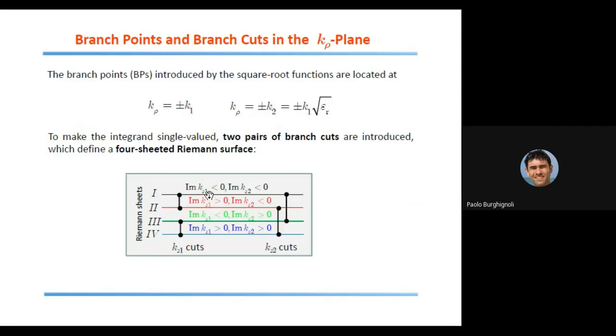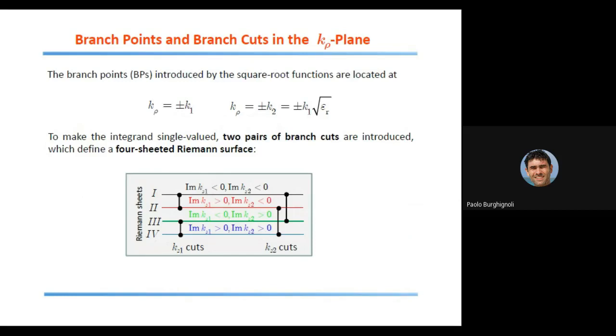Or from sheet 1, you could go down to sheet number 3, the green one, in which instead the imaginary part of wave number kz2 has become positive. From sheet 2 and sheet 3, you can further go downstairs to the bottommost sheet, the one in blue here, number 4, where both wave numbers have a positive imaginary part.